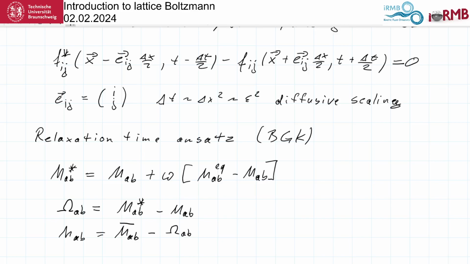So the M_AB overbar is the moment in the middle of the collision. We take half of the collision away to come to the pre-collision state, and equally, the post-collision is the moment in the middle during the collision plus half the collision.